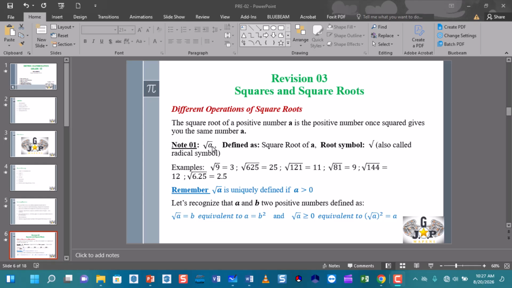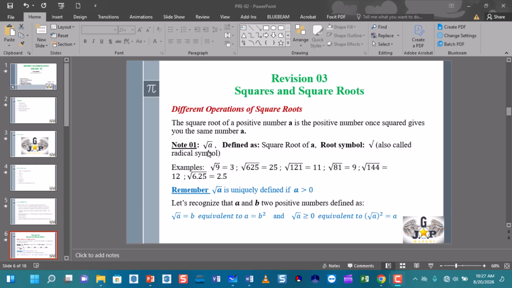The musical symbol is called the radical symbol. The number, or let's say this a, is the radicand, and the whole set is called the radical.